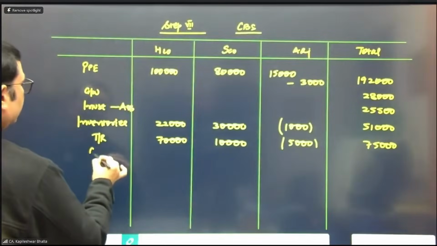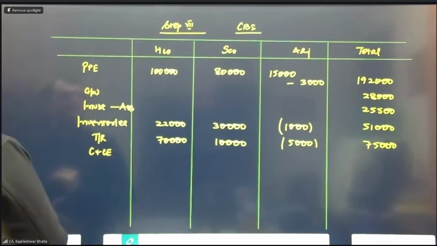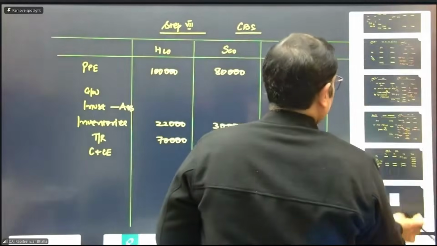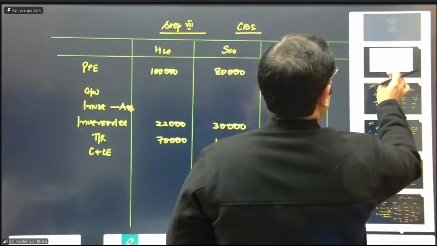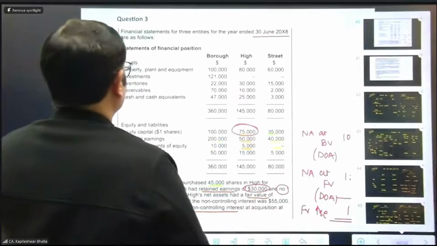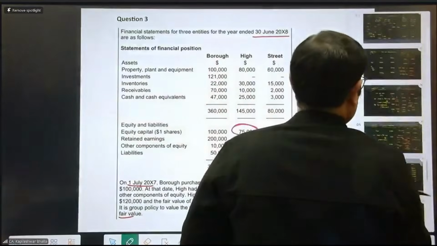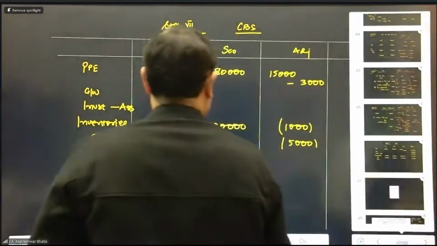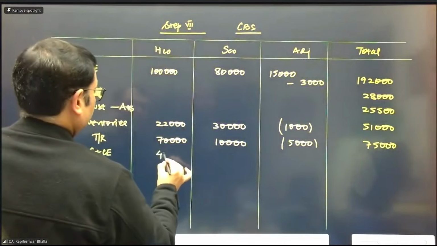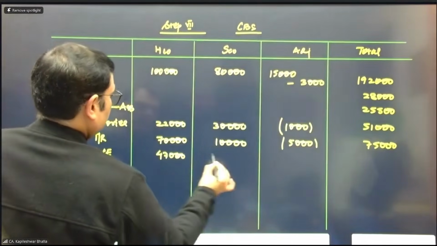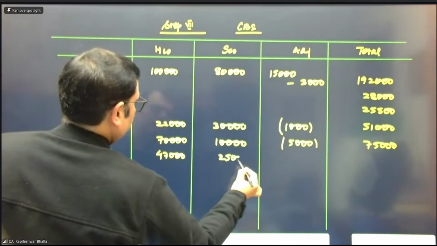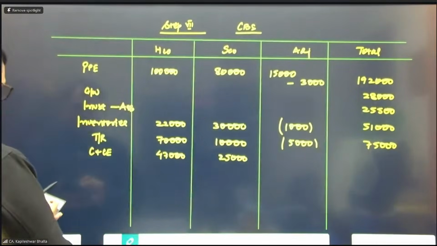Then there is cash and cash equivalents. That is 47 and 25. There are no adjustments on the cash and cash equivalents.